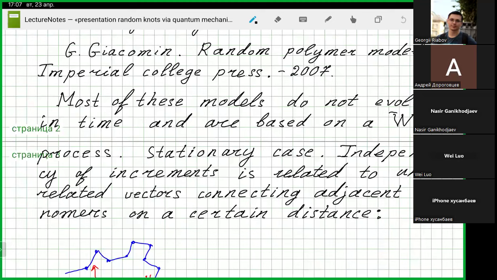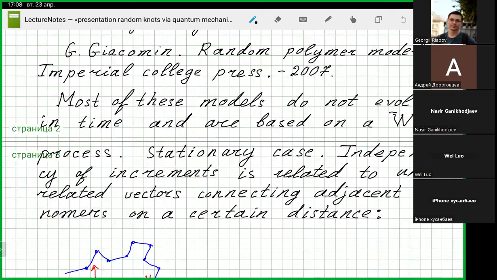Because we see the polymer, and as we have seen, it changes its shape randomly. So we suppose that we have a stationary case, and then we have a probability distribution on the space of curves, or in the space of closed curves on polygonal lines.